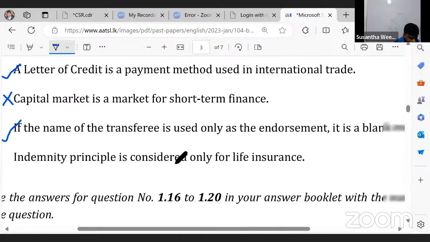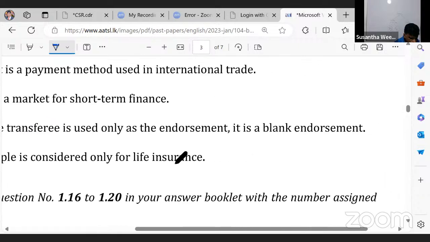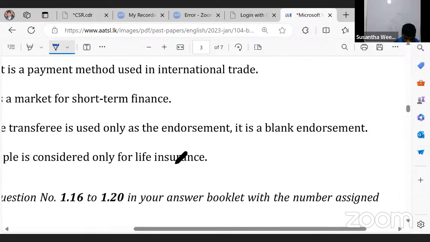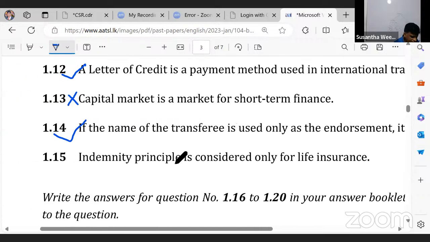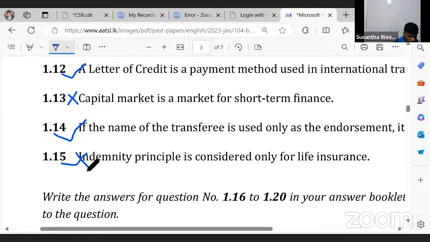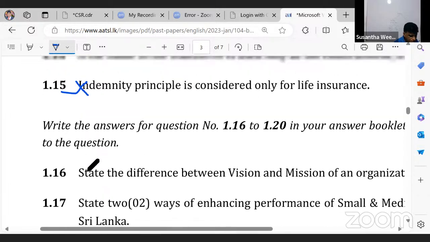Indemnity principle is considered only for life insurance. No, indemnity is a principle for all insurance policies. This is wrong.